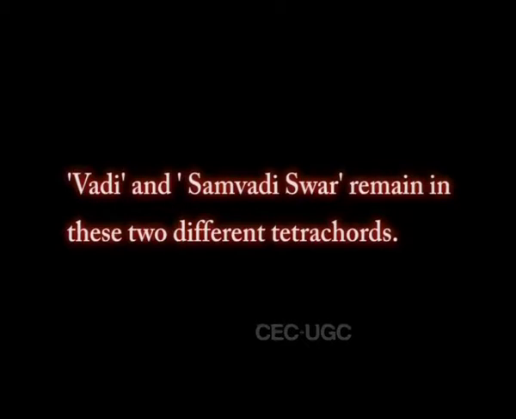While explaining Vadi Swar, I had stated that there are two different tetrachords of the Indian musical scale known as Purvang and Uttarang. Vadi and Samvadi Swar remain in these two different tetrachords. Let me explain.